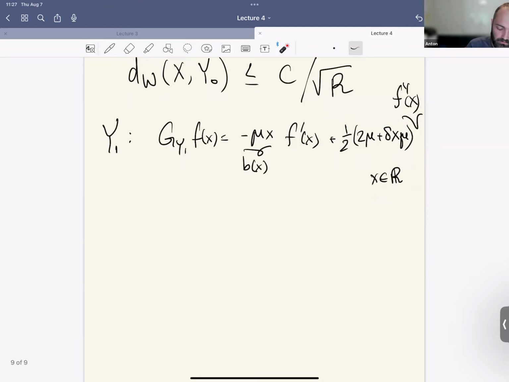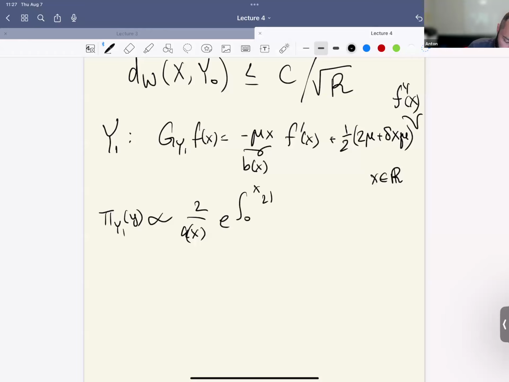But if you remember my words from last class, there is no real diffusion process here that we're working with. We're just working with a generator and the corresponding stationary distribution. The problem is that the stationary distribution of y is proportional to 2 over a of x times e to the integral from 0 to x of b of u over a of u du.